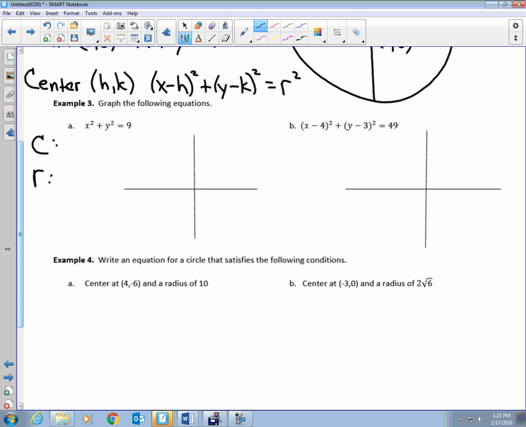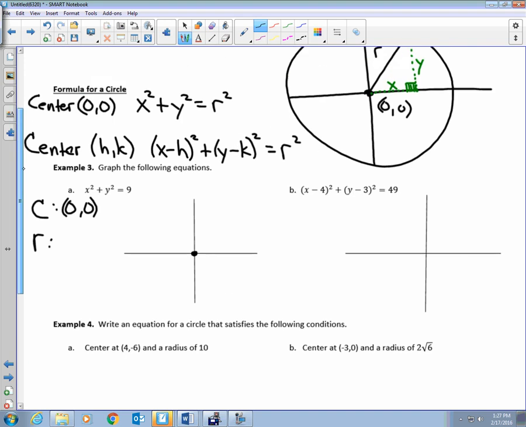What is the center of that circle? 0, 0. Because there's nothing in here for the x's and y's that shifted. Whereas here, there's some shifting happening, isn't there? So the center is 0, 0. Now, be very careful.